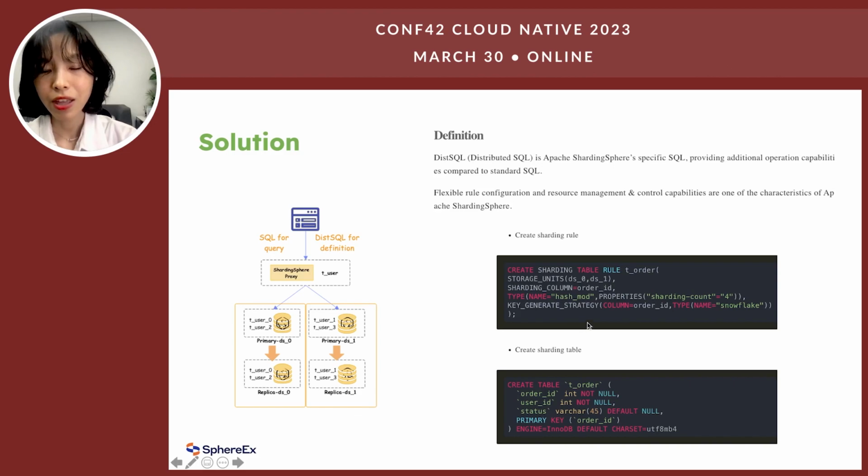You can see here, before you could just use CREATE TABLE to create a single table, but here you need to use a similar SQL language to create a sharding table. And in this sharding table, you can see the sharding column is order_id, and it uses the hash mod strategy to split one single table into 4 subtables, 4 shards, right?